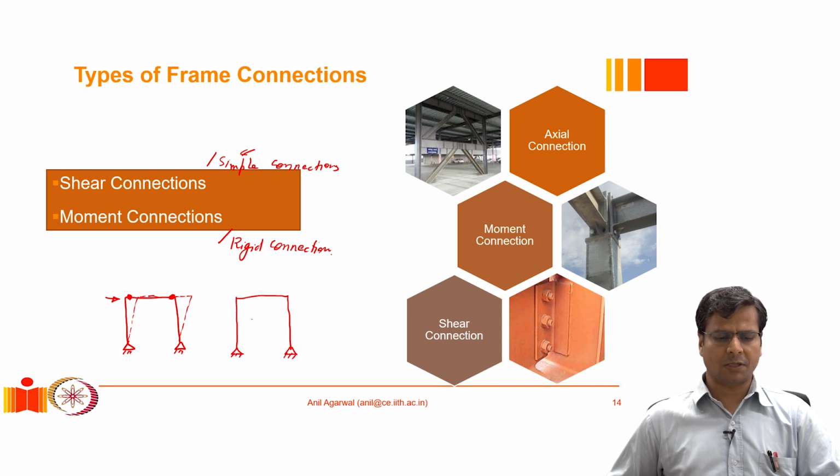Again, I am keeping the boundary conditions the same, but this time, instead of having a hinge there, we have a rigid joint. A rigid joint theoretically does not allow any relative rotation between the beam and the column.